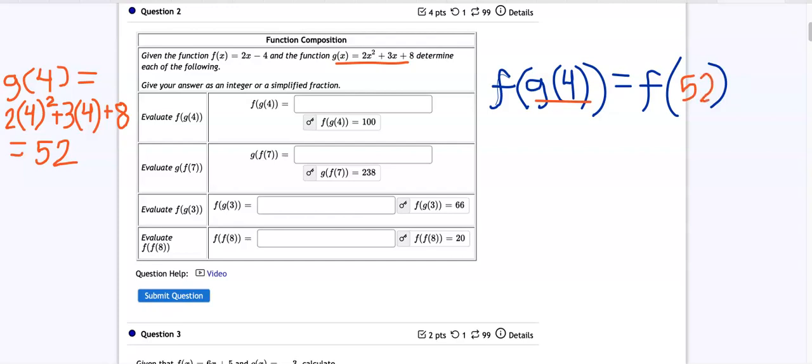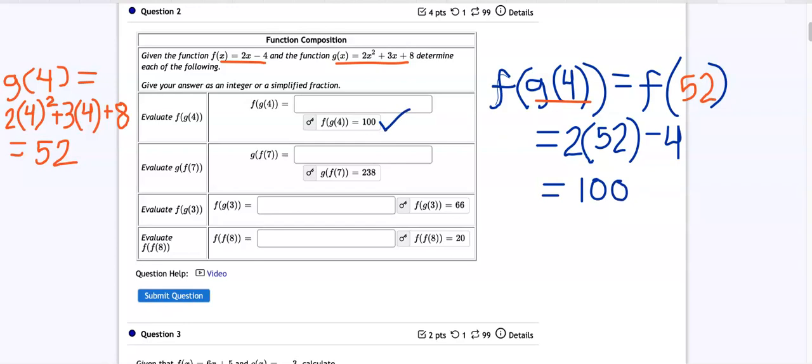And next we plug the number 52 into the f function. So that gives us 2 times 52 minus 4, which is 104 minus 4, which is equal to 100. And that's what we expected our answer to be, because I am already displaying the answers.